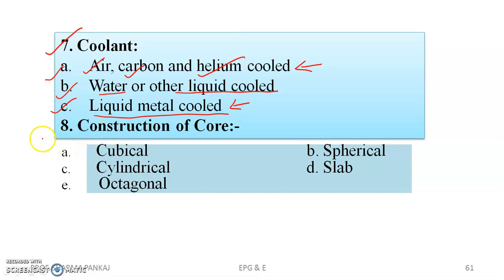Now let us see the construction of the core. The core construction is of 5 types. Type 1 is the cubical type, the second one is the spherical type, the third one is the cylindrical type, the fourth one is the slab type, and the fifth one is the octagonal type.